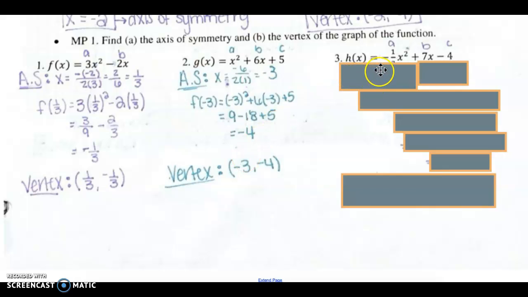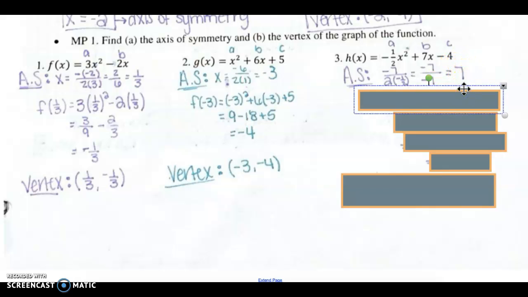Last one. We're going to have fractions in this one, and it's okay. You should have gotten a decimal. So your axis of symmetry is negative 7 over 2 times negative 1/2. And that will give you negative 7 over negative 1. So 2 times negative 1/2 is just negative 1. And a negative over a negative is positive. So we plug in 7.